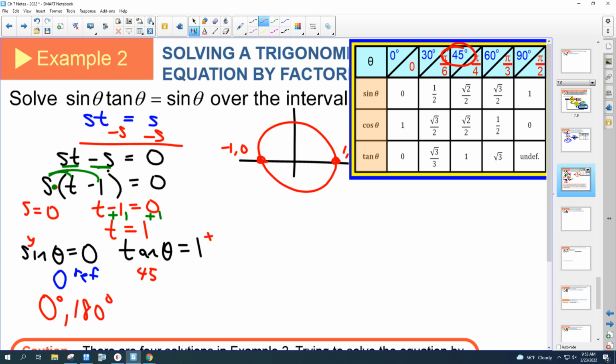Since this number is positive, we're looking at where tangent is positive. So I call it a 45 positive. And we know tangent is positive in the first and third. We're going to have two angles. We're going to have a 45 degree angle, and 45 past 180 is 225.